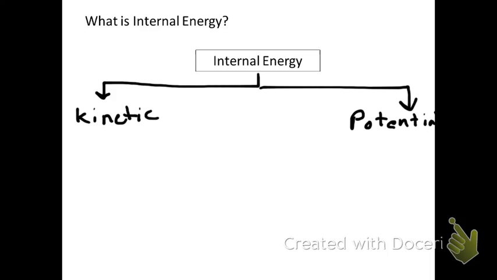Okay? So, again, the total amount of kinetic and potential energy combined together for any system, for any chemical process, for any molecule, atom, whatever, that is the total internal energy. All right? Now, kinetic energy we talked about was the motion of molecules.